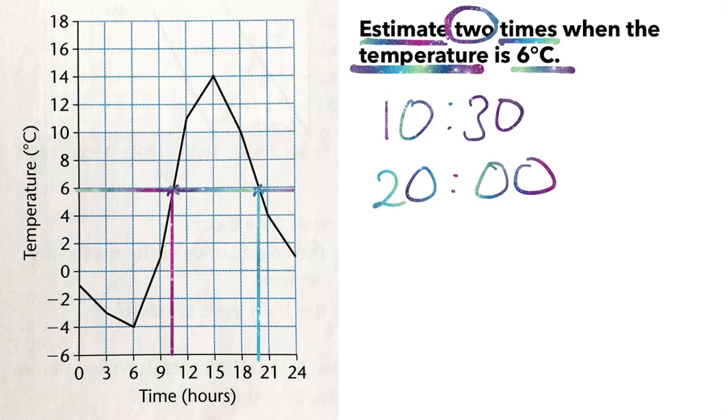So I've shown you some different types of question there. But I hope you noticed what I was doing each time, which is pulling out the key words in the question and thinking about what maths it's asking me to do. Is it asking me to find the difference? Most likely you'll have a question like that if it's saying, how much did the temperature rise or fall? Or was it asking me to estimate?